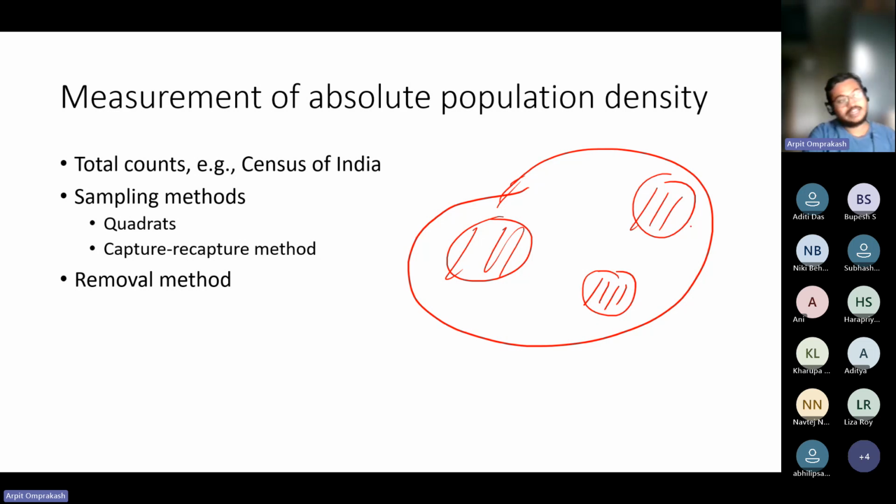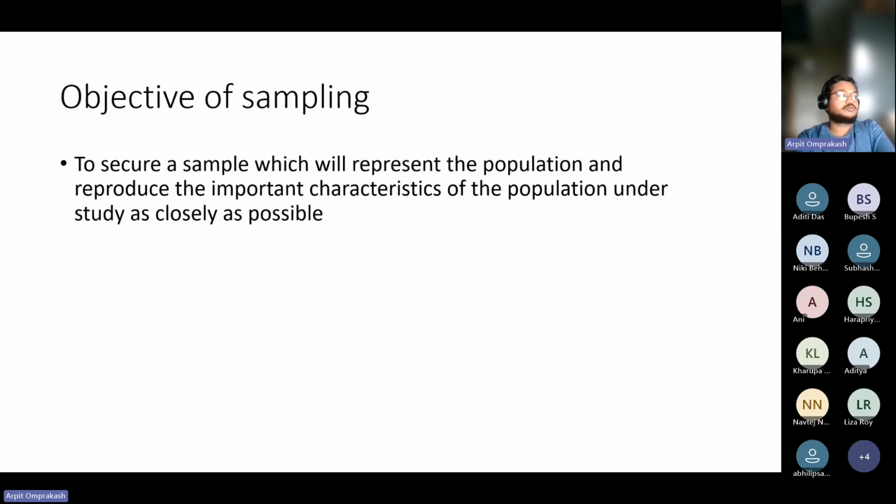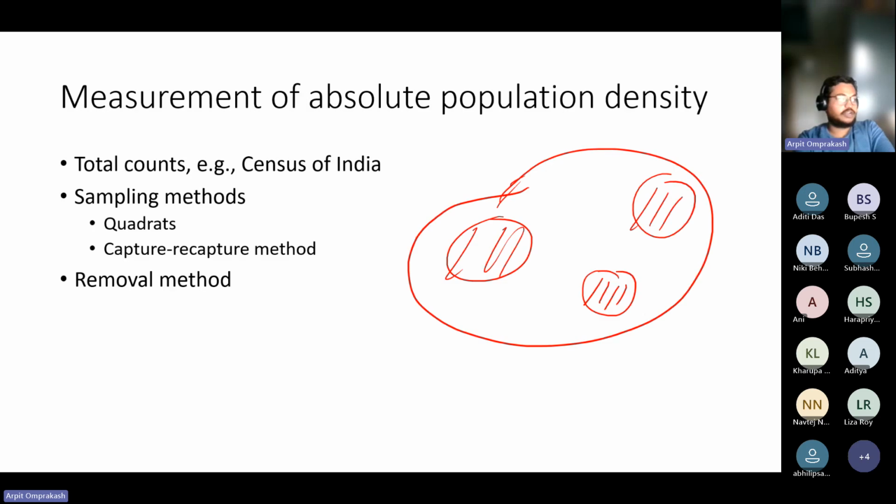So we are not exactly counting all the individuals of the population, but we are counting a subset and extrapolating it to the whole population to get the number of individuals or the density. Sampling can be done by quadrats or capture-recapture methods. We'll talk about them in detail now.